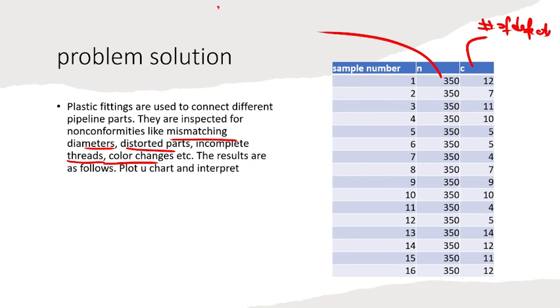What it means is that each sample contains 350 plastic fittings. These are sample 1 up to sample 16. The question is that we have to plot the U chart and see how it looks.